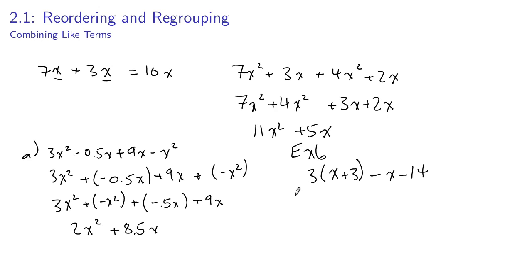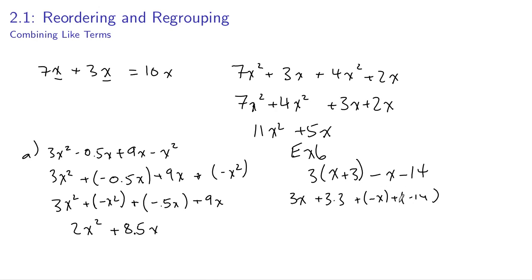We're going to talk more about this in the next section. 3x plus 3 times 3 minus, we need to turn into a plus negative. Now, combining like terms, I'm going to skip the step of reordering. I'm just going to go find the like terms.